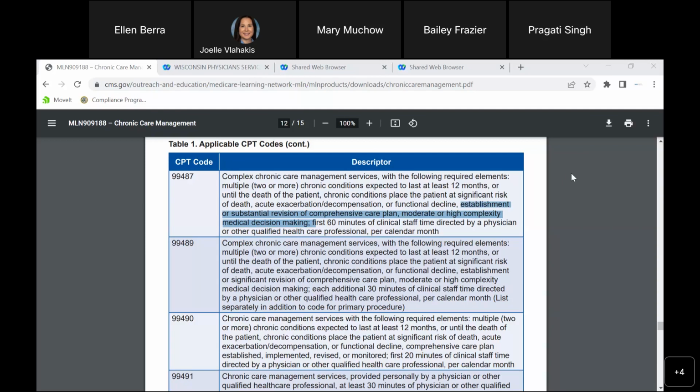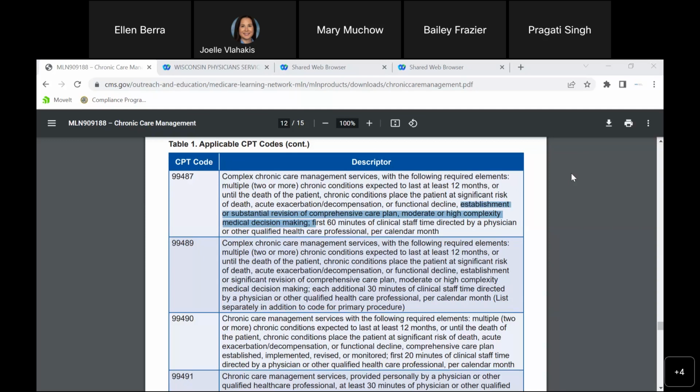Well, chronic care management is a time-based service, which means that the teaching physician would have to be physically there while the resident is doing whatever they're doing. Well, that's not going to happen because these services are generally provided by clinical staff as opposed to by the practitioner themselves. The other way that Medicare can reimburse a teaching physician is under the primary care exception.